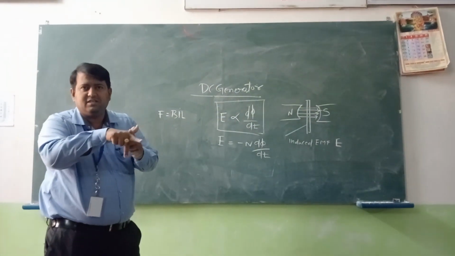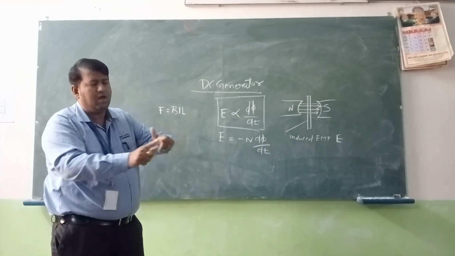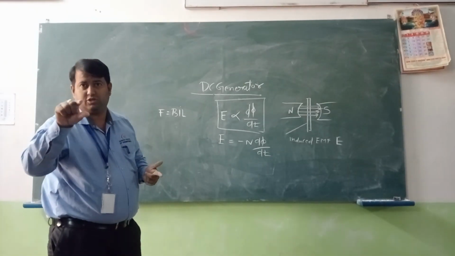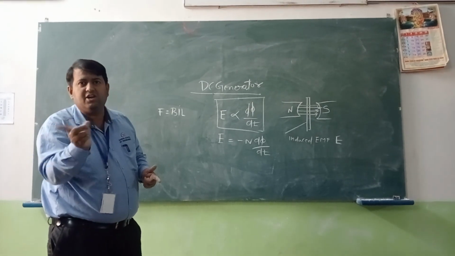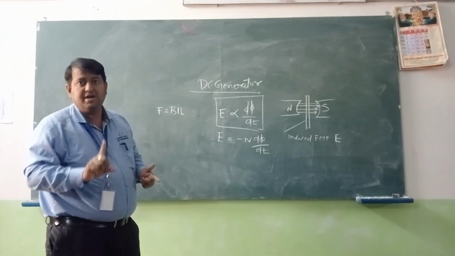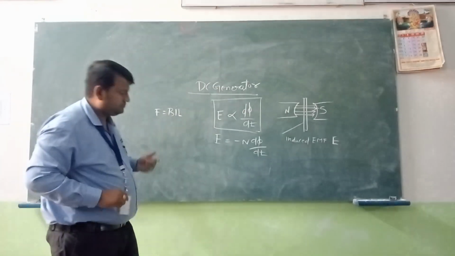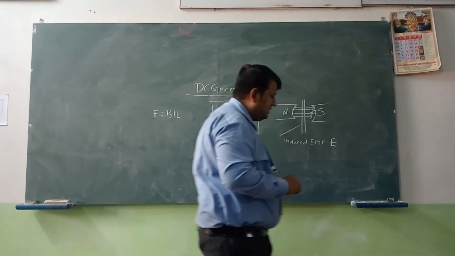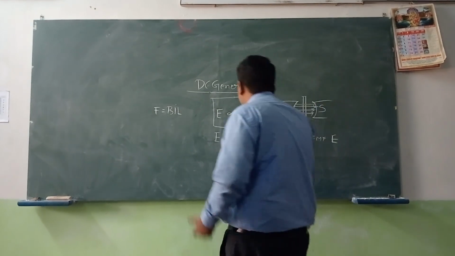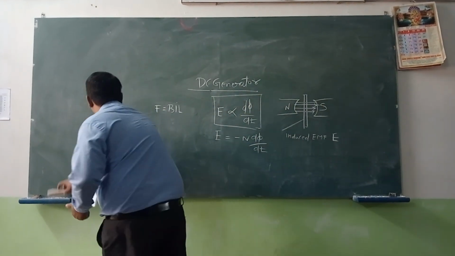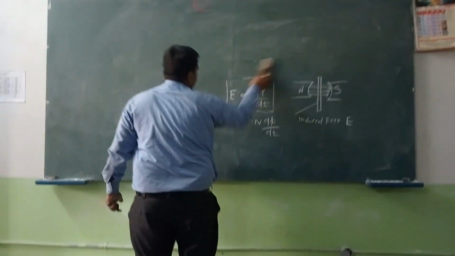All the fingers in the right hand rule and left hand rule are perpendicular to each other, at 90 degrees. Okay. And what is the EMF equation of a DC generator?